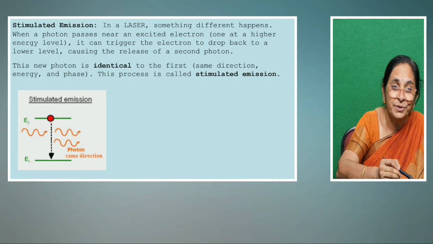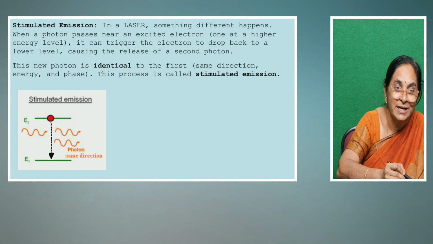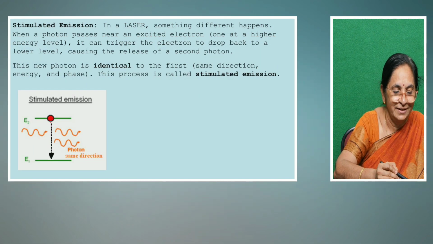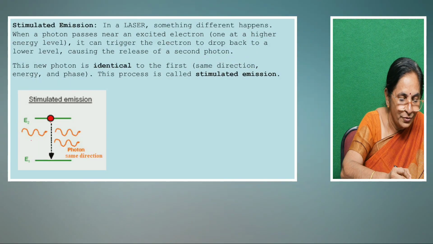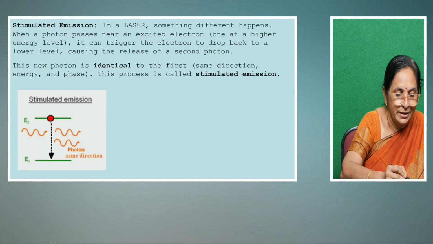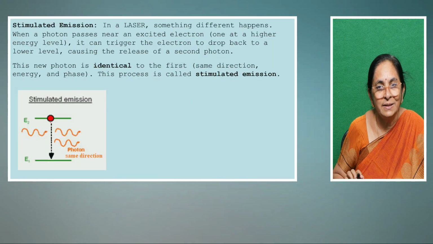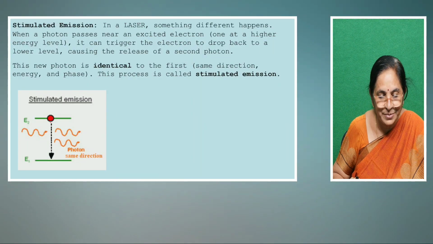Absorption takes place when the photon interacts with the electron in the ground state. But stimulated emission takes place when the photon having energy equivalent to the difference in energy levels interacts with the electron in the excited state. So this is what is called stimulated emission.